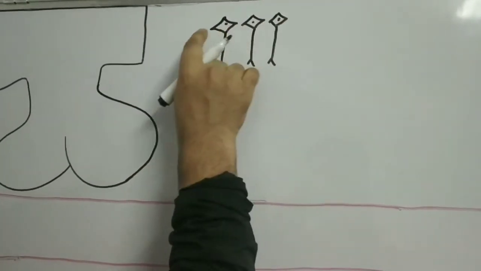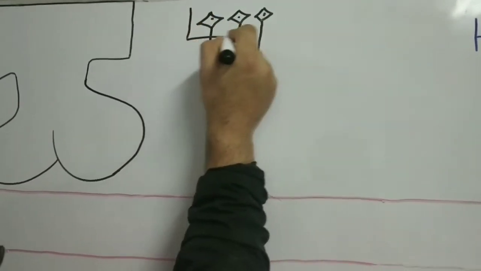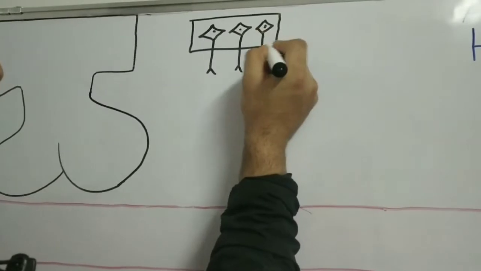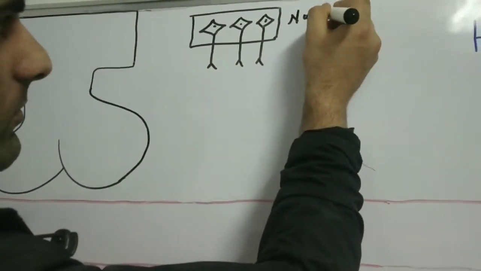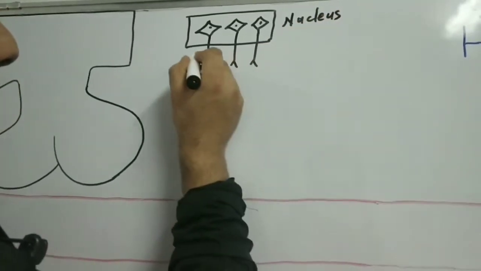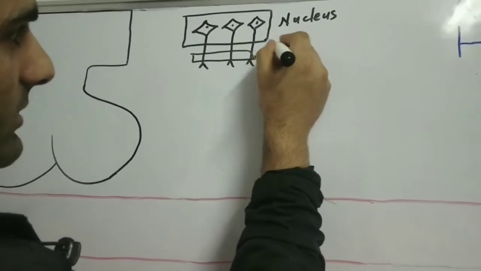These are the cell bodies of neurons and these are axons. In the central nervous system, the group of cell bodies is called the nucleus, and the group of axons is known as a tract.